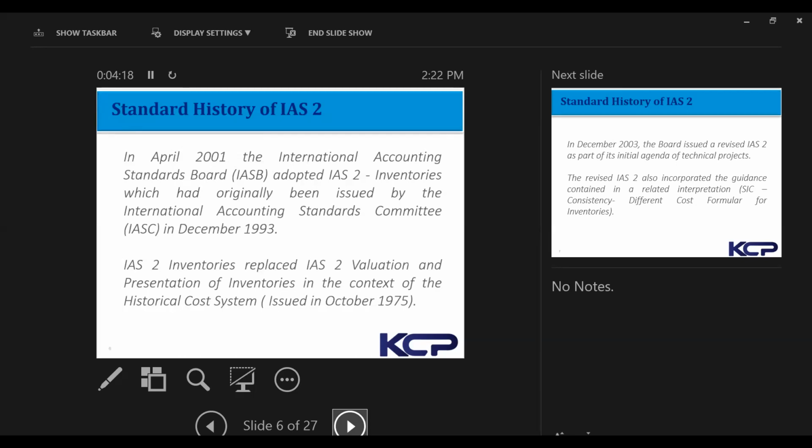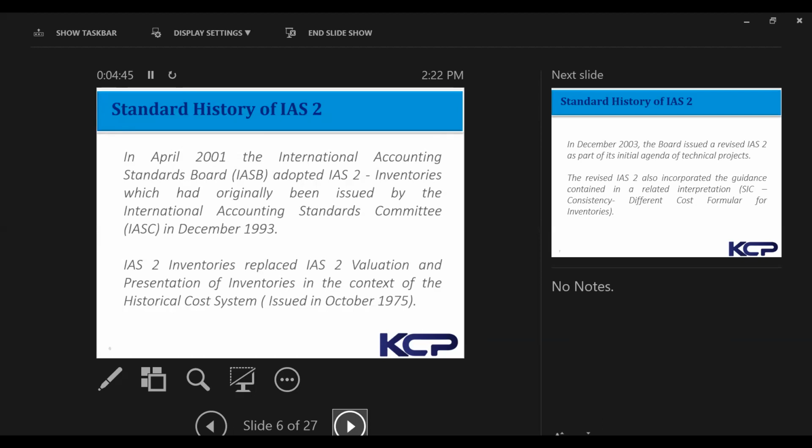So just like we did when we considered revenue, IFRS 15, we will do a brief history. How do we come to the current position where we are? What was the position before? What was it called? What are the components of it? What does it cover? What does it not cover?